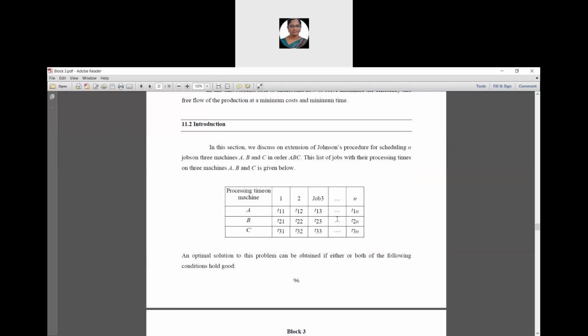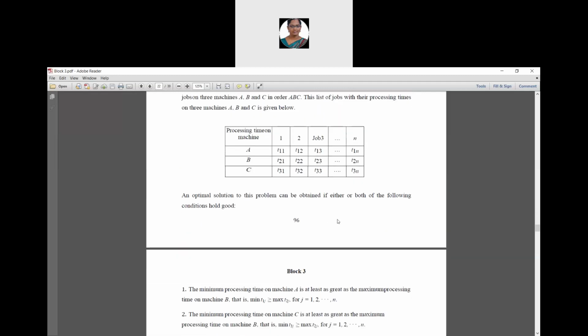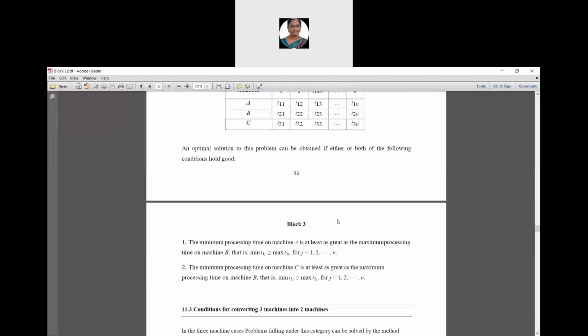The list of jobs with their processing times on three machines A, B and C is given below in the table. Let A, B, C be the three machines, and let the order of operations be A, B, C. This problem can be converted into a two machine problem if any of the conditions is satisfied.